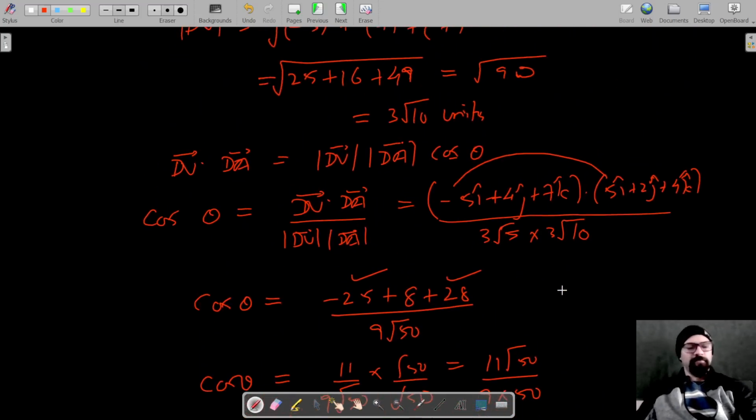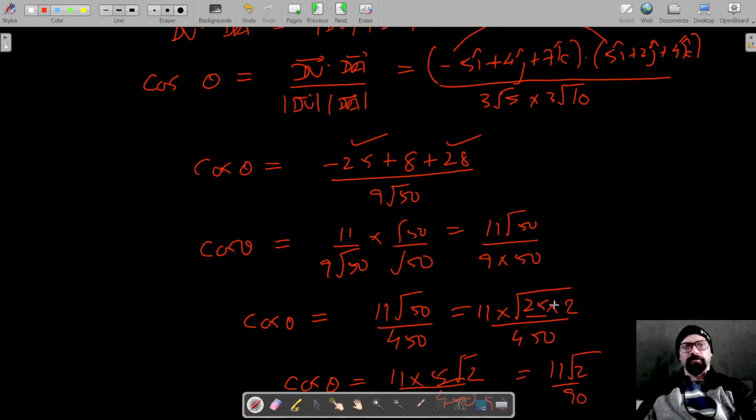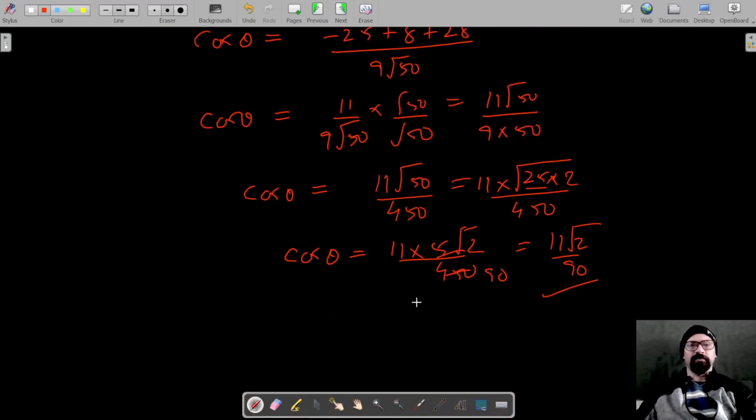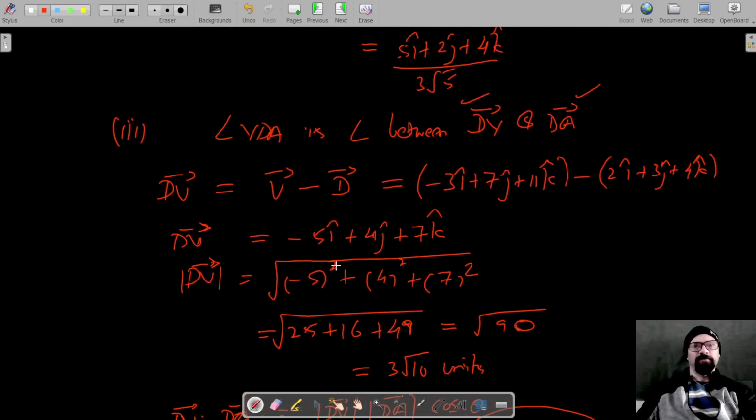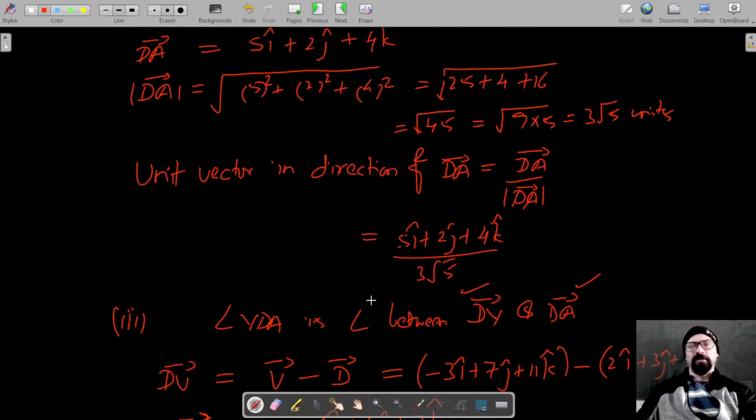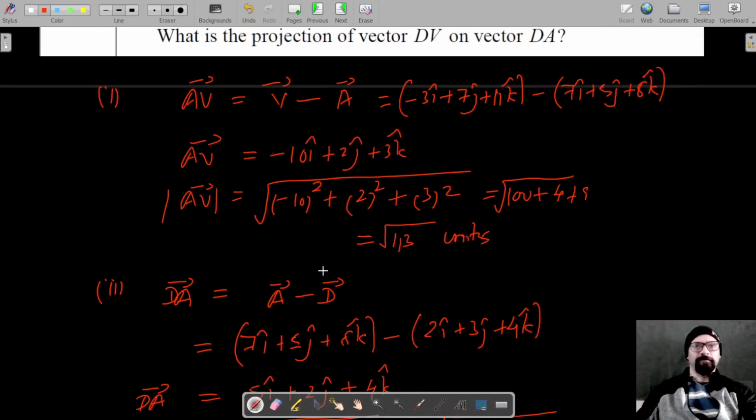Okay, let me just verify this. So if you have to find the angle, theta is equal to cos inverse of 11 root 2 by 90. This is the angle VDA, which is between the dV vector and the dA vector.